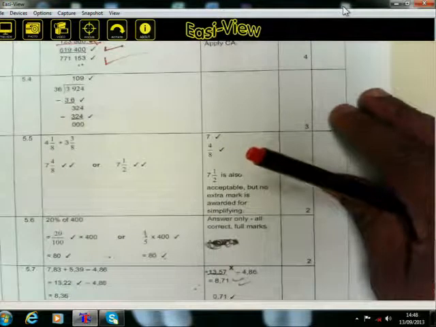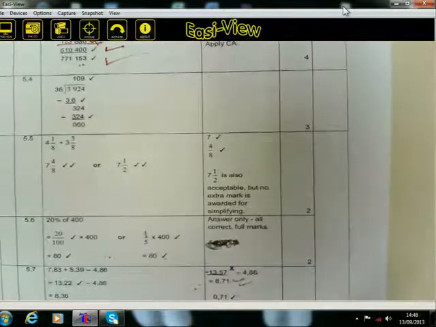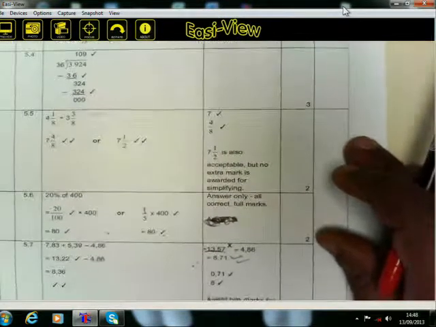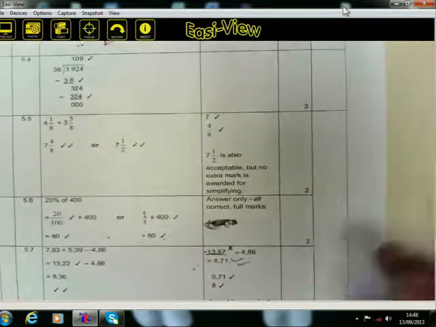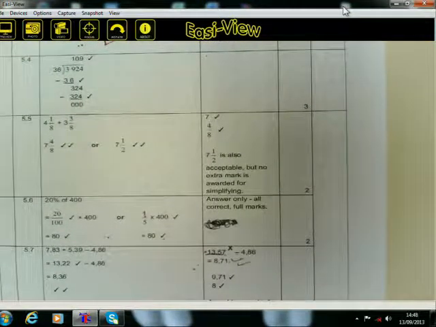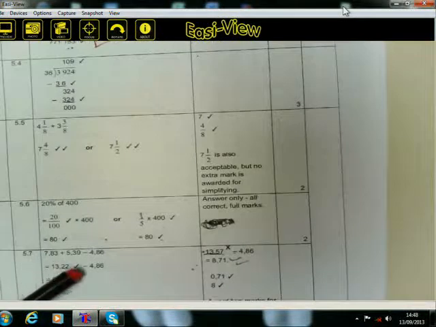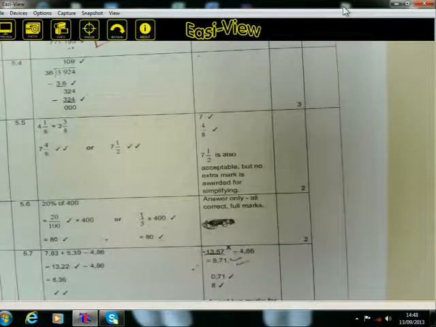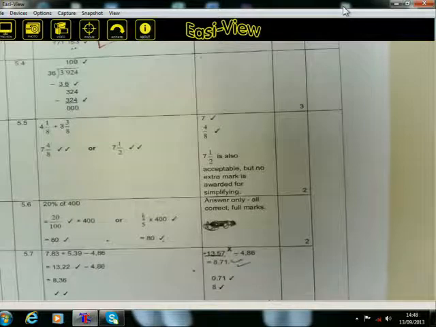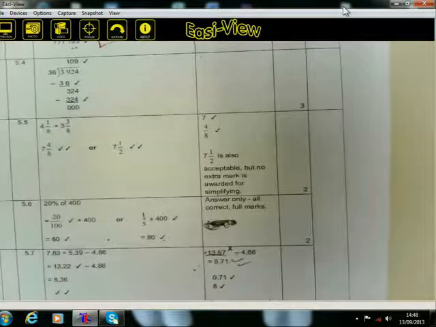5.7. Okay. 7.83 plus 5.39 minus 4.86. Now let's look at the marking here.